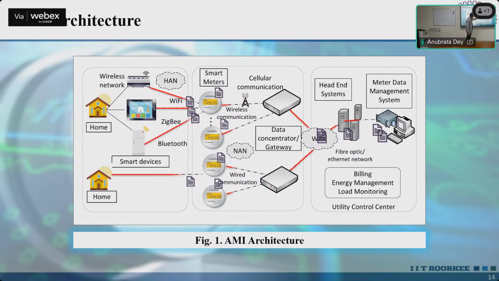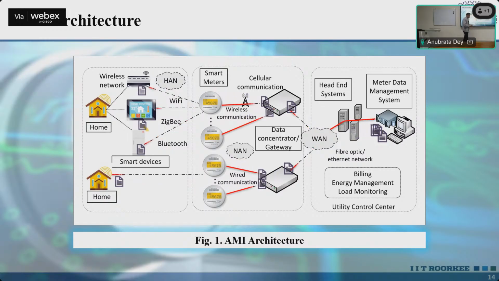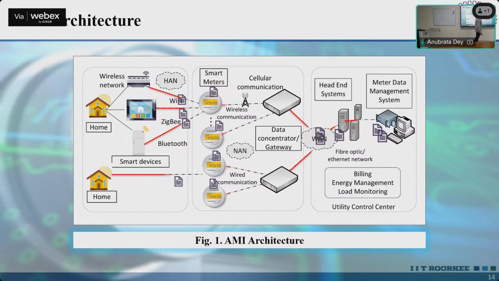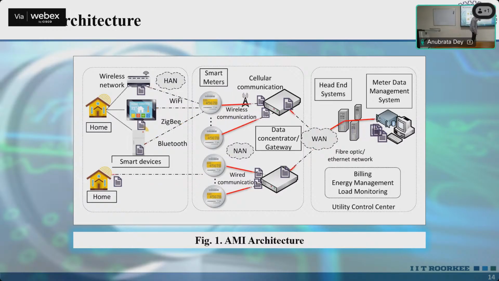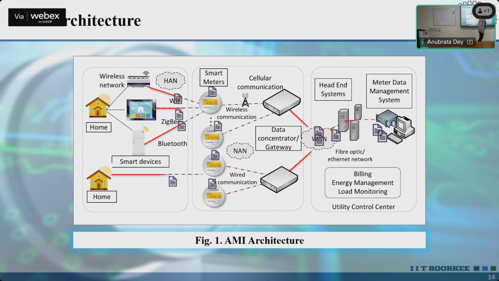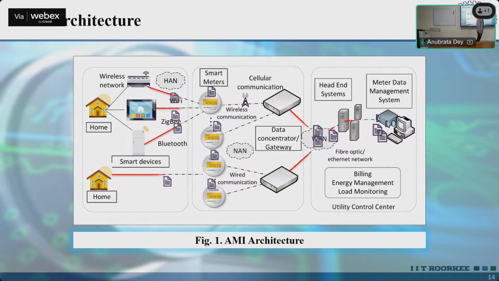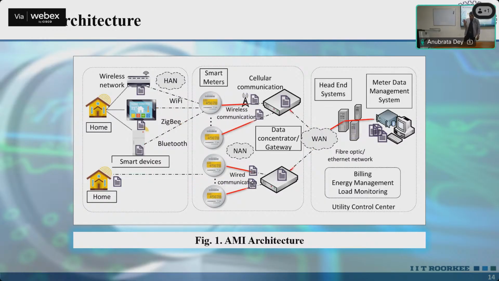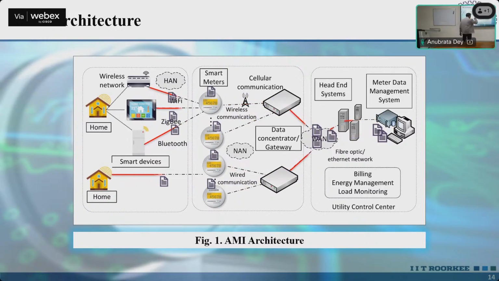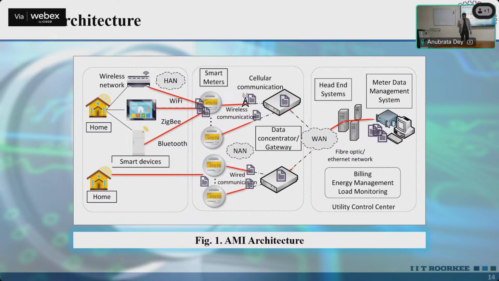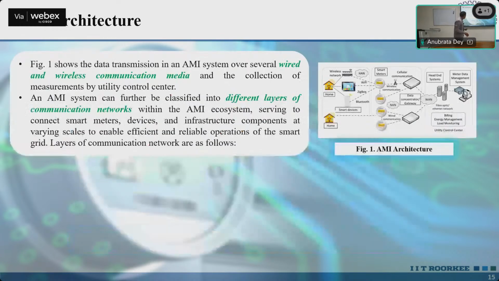This is for one house. Similarly, in the middle, they are capturing this type of data from different houses or colonies. Then all this data captured throughout the cities is given to your utility control center, where your final application, the meter data management system, exists. So this is the normal architecture of the AMI.